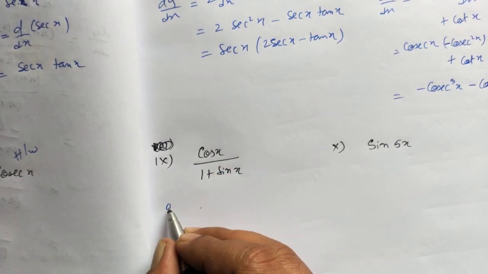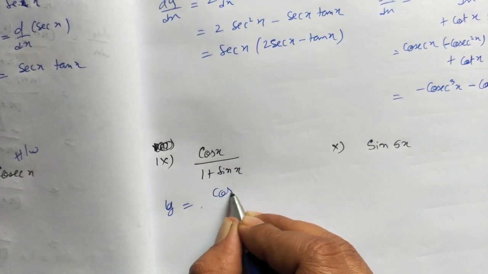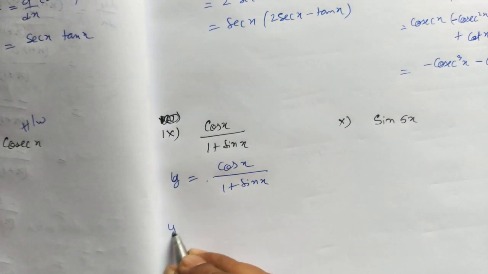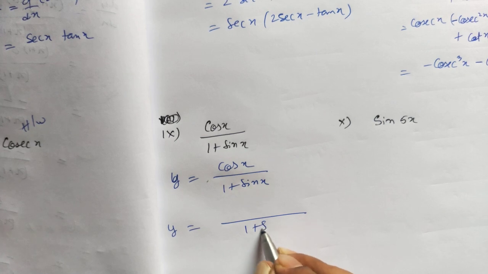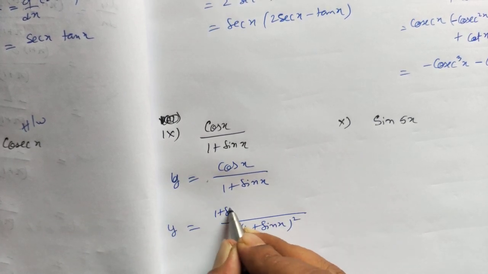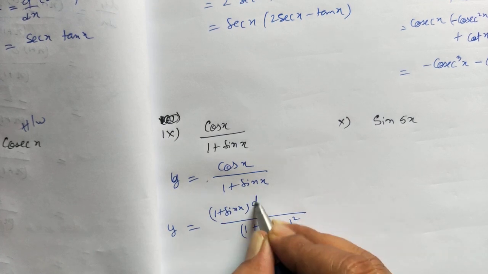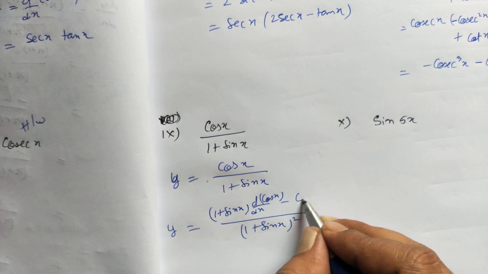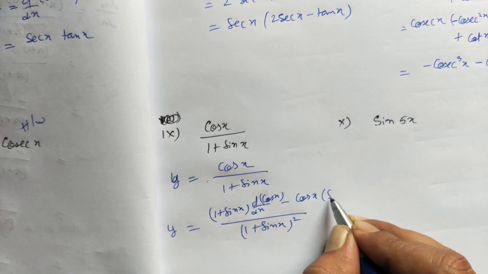You can use the division rule to solve this. 1 plus sin x, derive cos x, minus cos x, derive sin x.